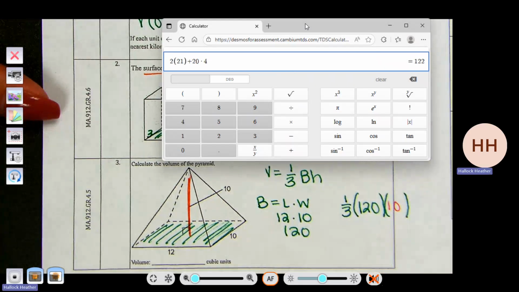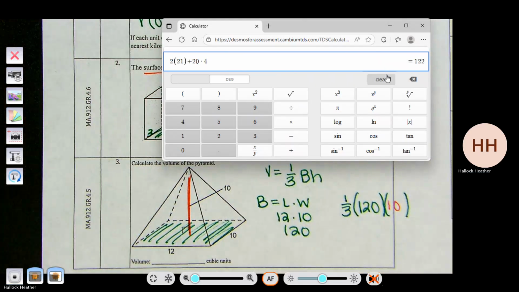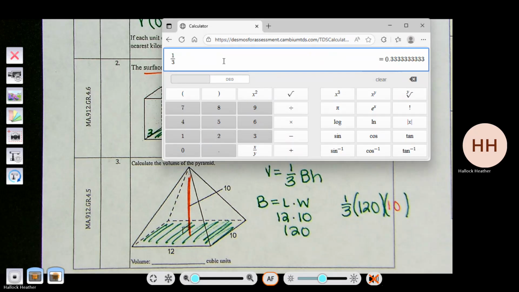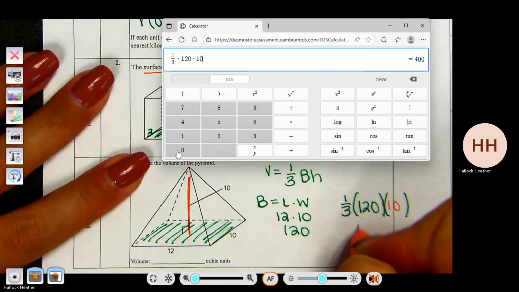And then I'm typing this into Desmos. That's nice. So the volume is 400.